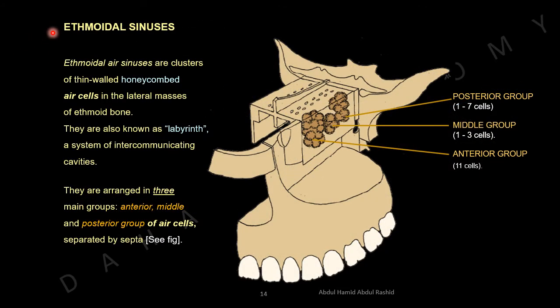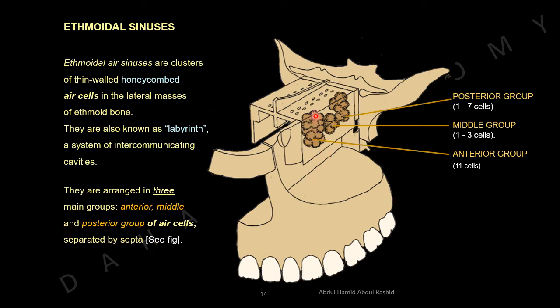Ethmoidal sinuses. Ethmoidal air sinuses are clusters of thin-walled, honeycombed air cells in the lateral masses of the ethmoid bone. They are also known as the labyrinth, a system of intercommunicating cavities. They are arranged in three main groups: anterior, middle, and posterior group of air cells separated by septa.